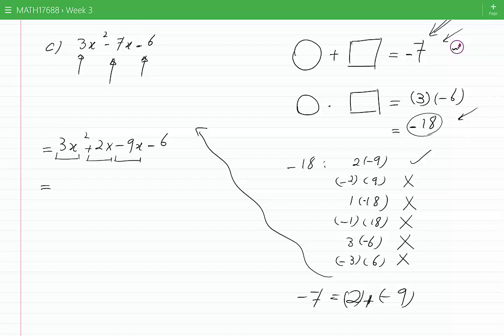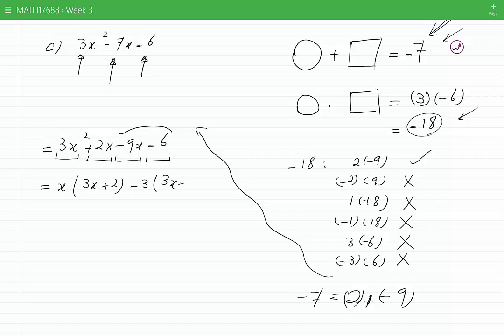From the first two terms I can factor an x, in which case I will be left with 3x plus 2. From the last two terms I can factor a 3, in which case I will be left with 3x plus 2 again.